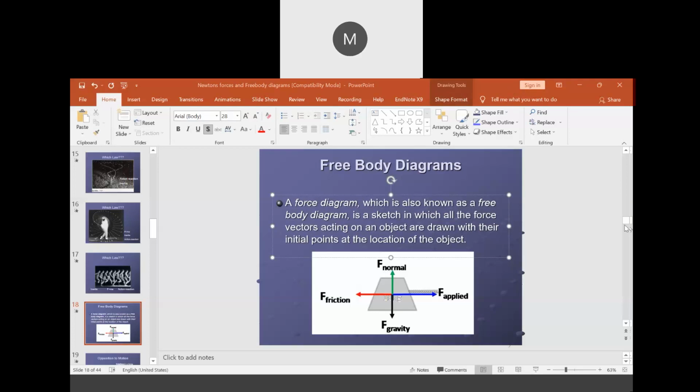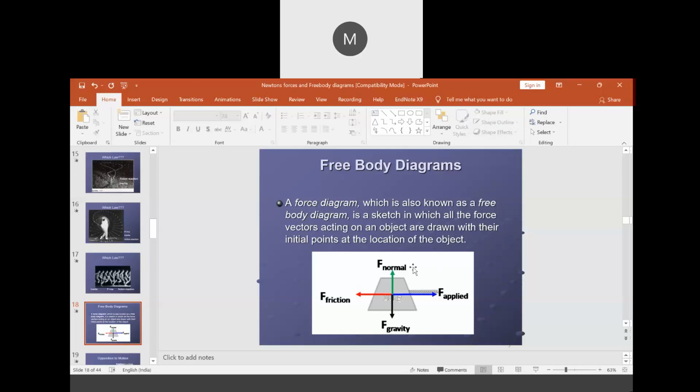If you have to show how the forces are actually acting on this body, then this is called a free body diagram.